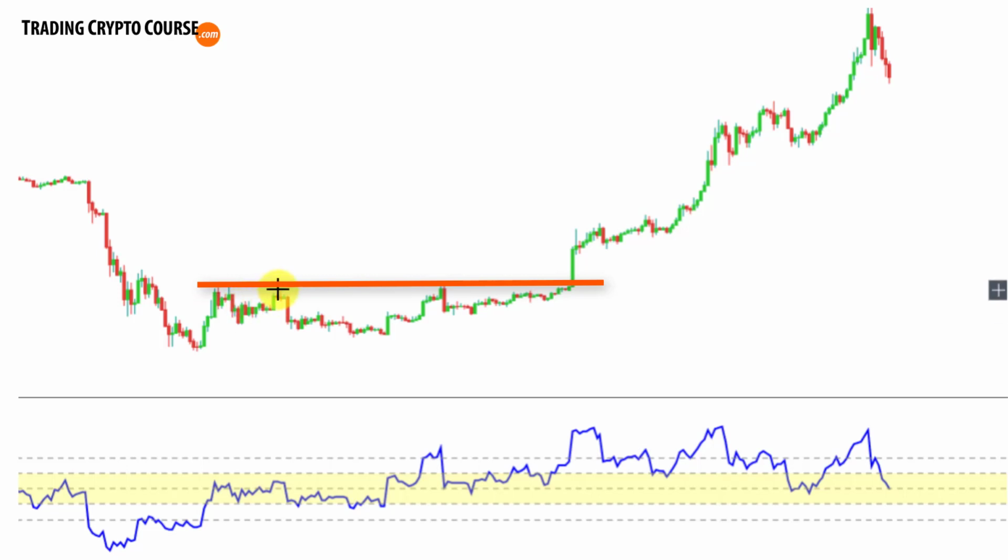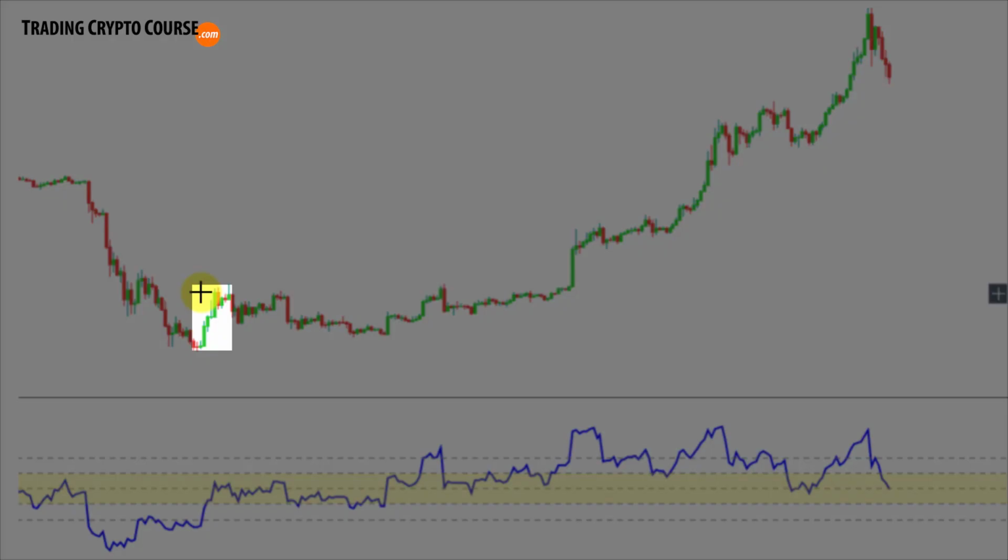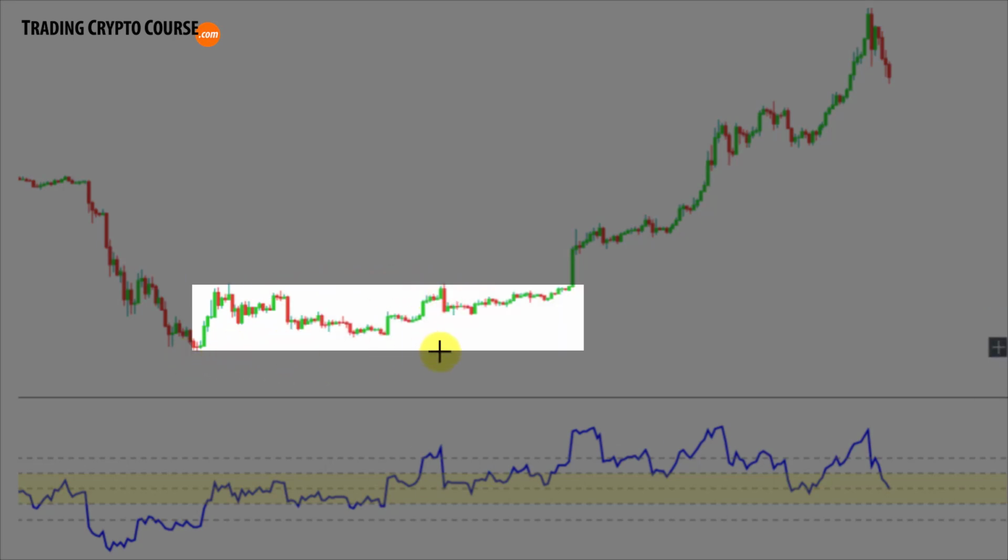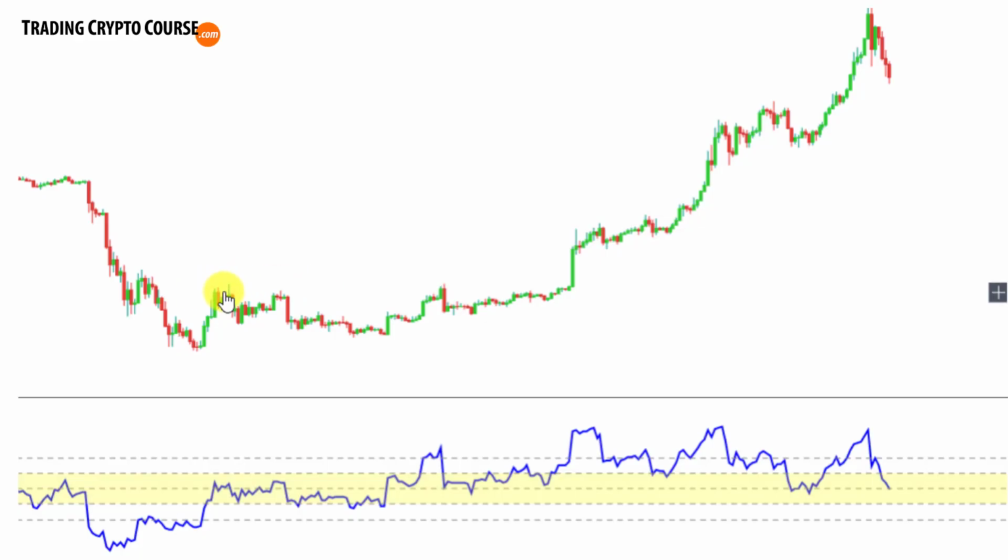So it fails to make an uptrend, and you see that next price stays within the range of the higher high and the lowest low. So price confirms that the market is in consolidation and indecisive.